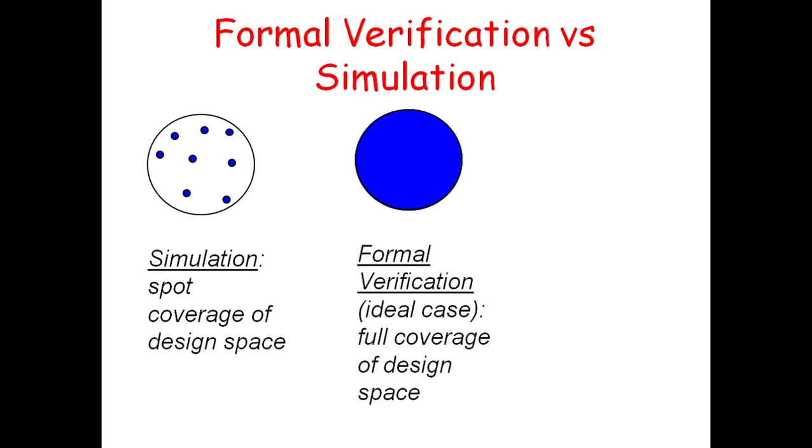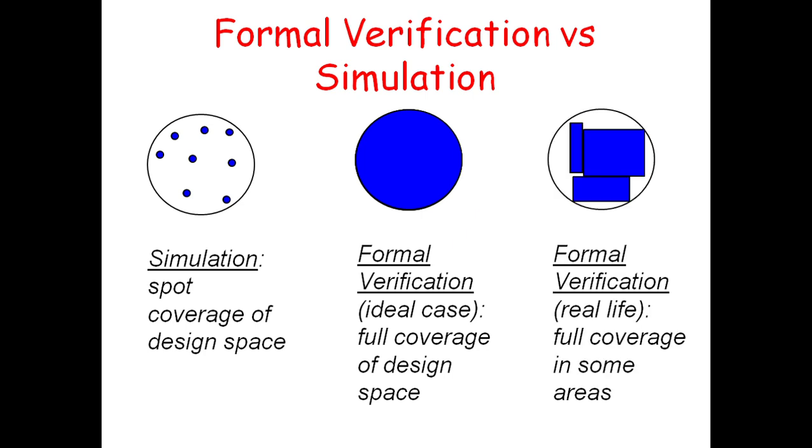On the other hand, formal verification in the ideal case provides full coverage of the design space. In the ideal case, it can verify all possible cases or all possible input combinations of the system.